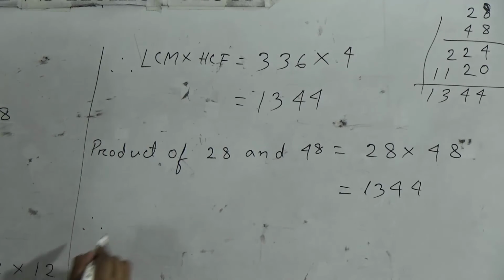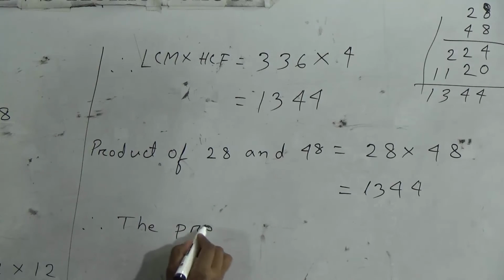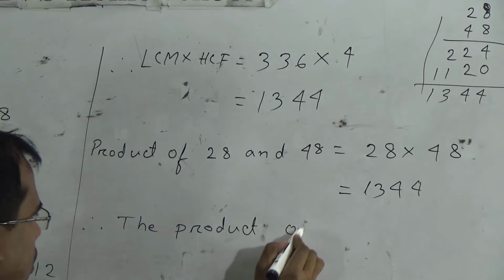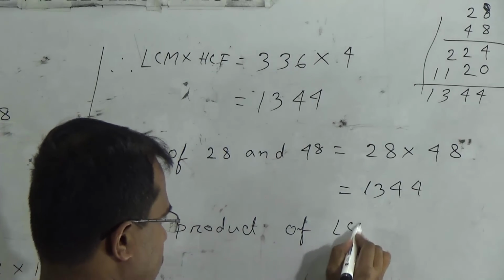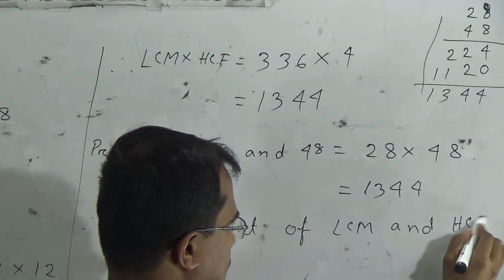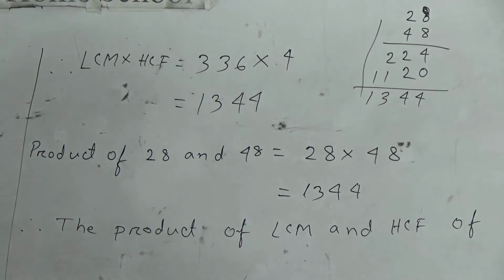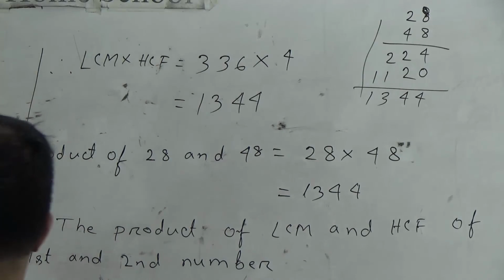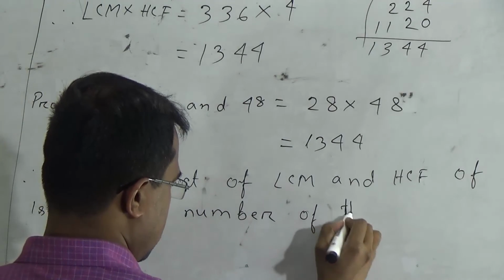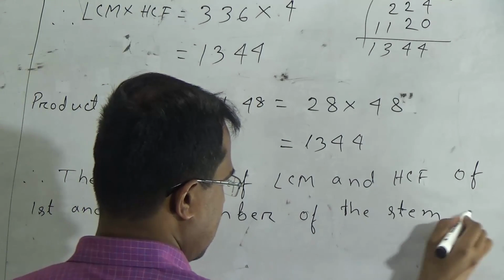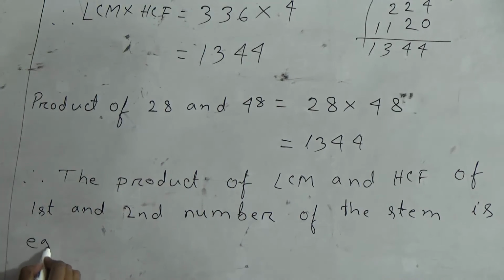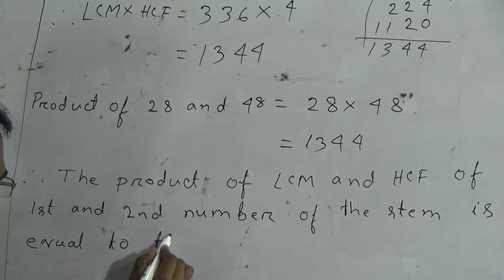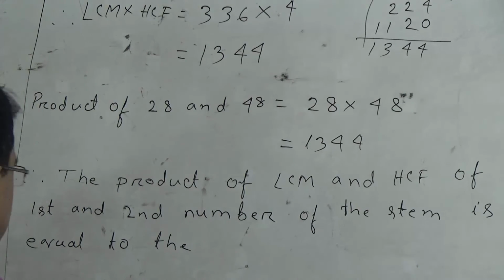Therefore, the product of LCM and HCF of the first and second numbers of the stem is equal to the product of the first two numbers.